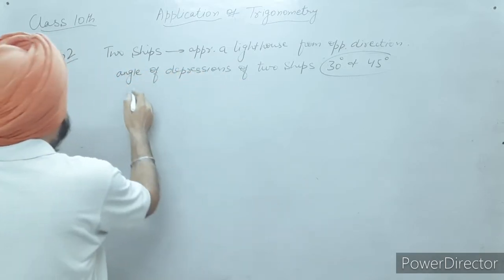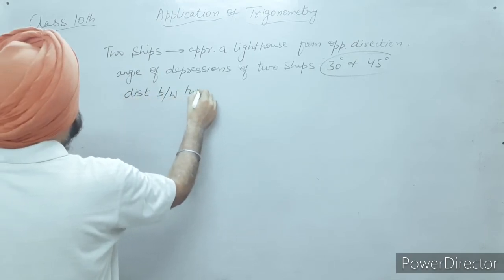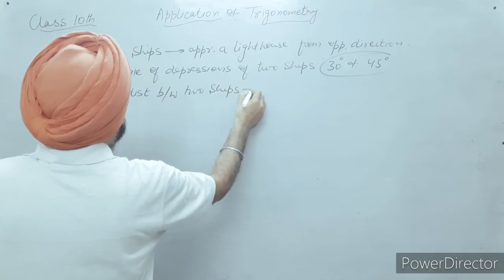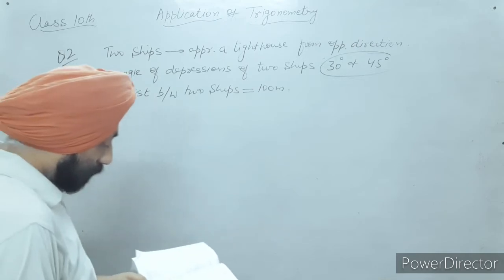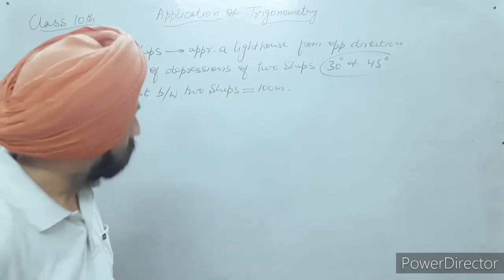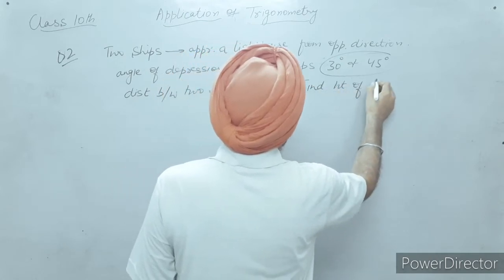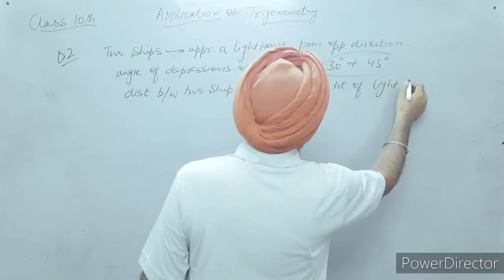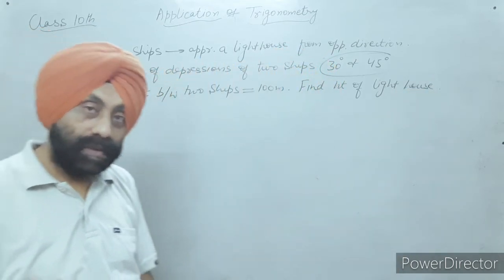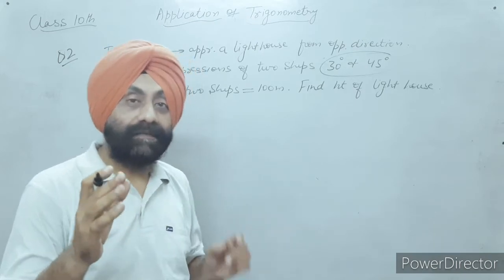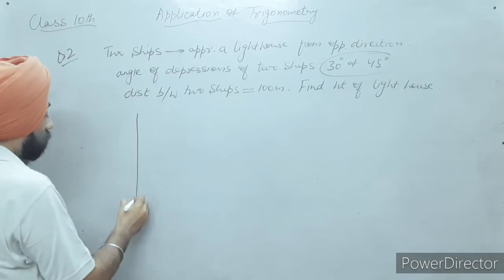If the distance between the two ships is 100 meters, right? Find the height of the lighthouse. Convert this statement into a mathematical form, that is a figure. The question will be over then.